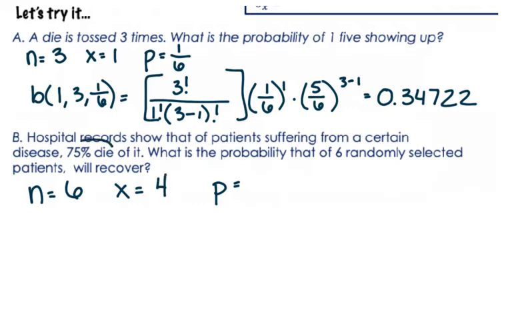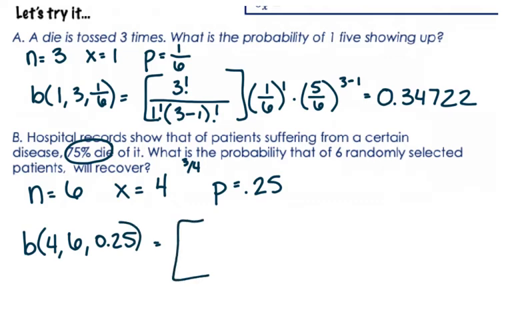And I got 4 because if you think about 75%, so that's 3 out of 4. So 4 is going to be how many successes I have. So by P, if 75% die, then that means 25% live. Alright, so 4, 6, 0.25.